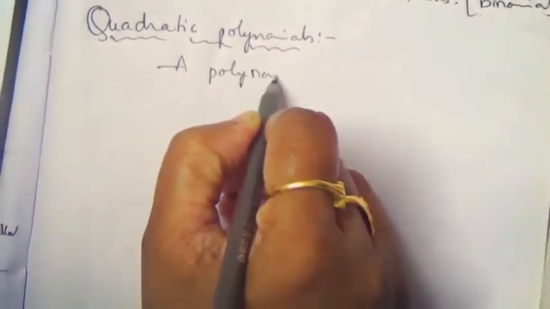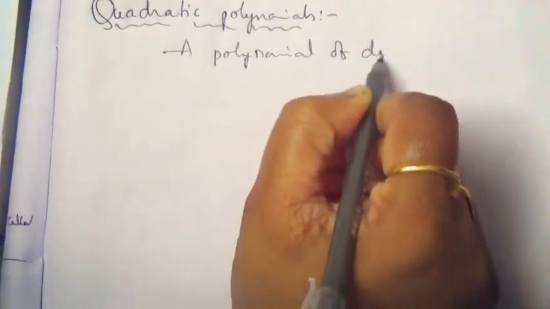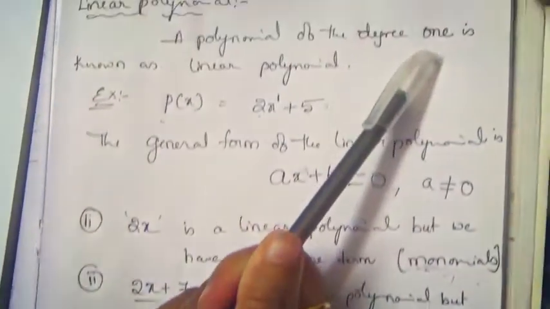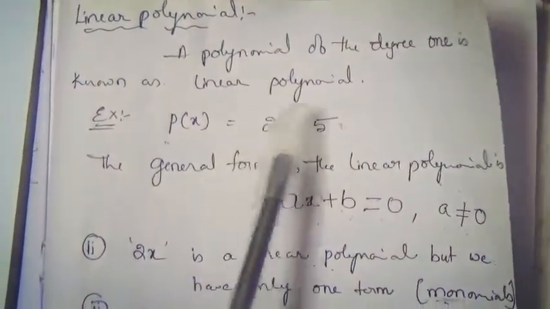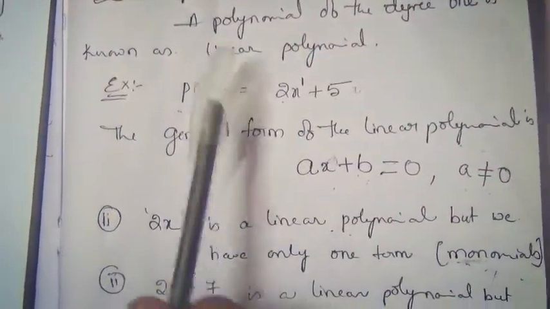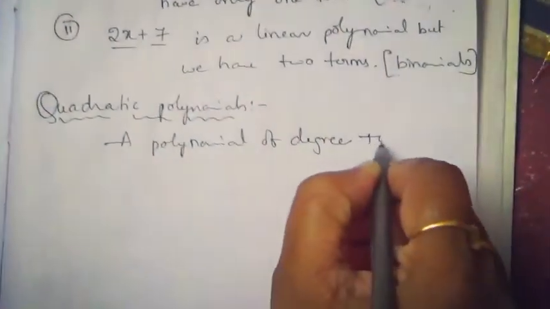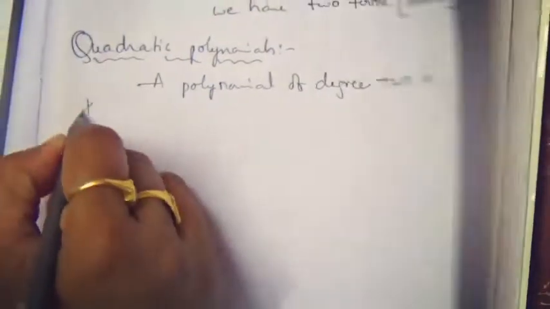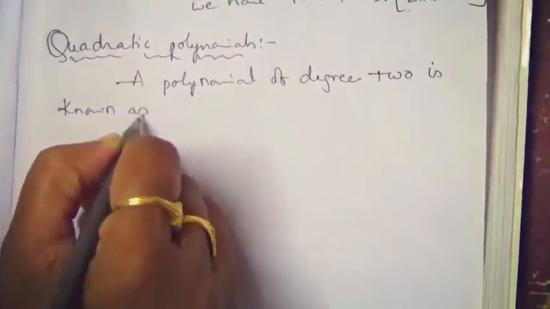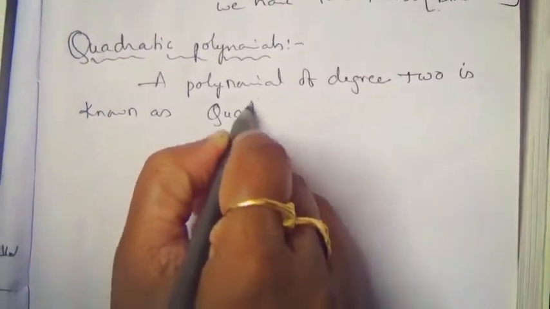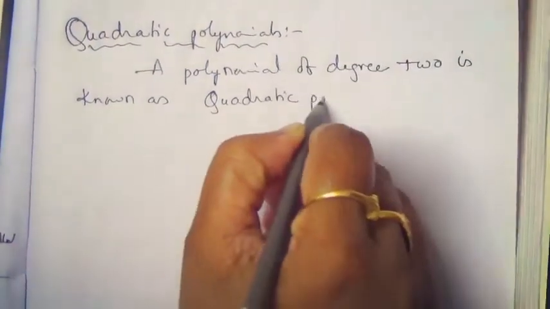Here, what is a linear polynomial? The degree is 1. The highest power is 1. For that kind of polynomial we call it a linear polynomial. A polynomial of degree 2 is known as a quadratic polynomial.